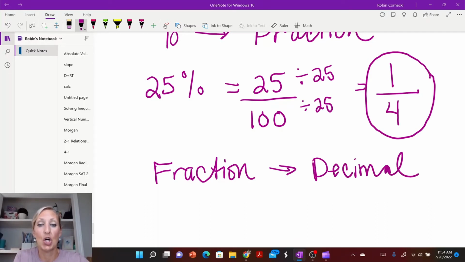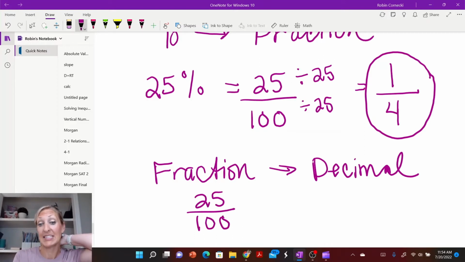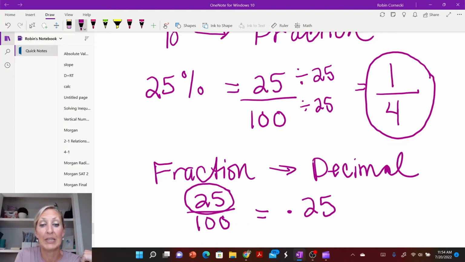Okay, so 25 100ths. And what's easy about percent, since it's out of 100, is we're basically dividing 25 by 100, and by doing that you're making this number smaller and you are moving the decimal over 2 places to the left.